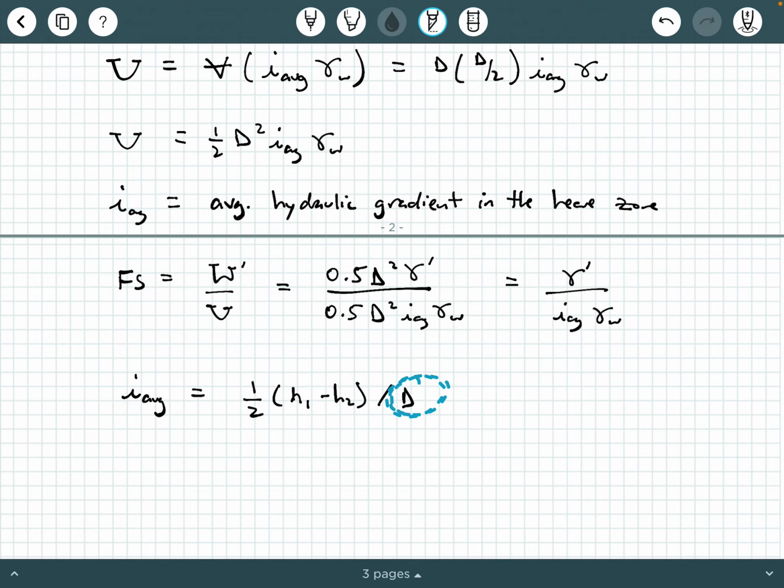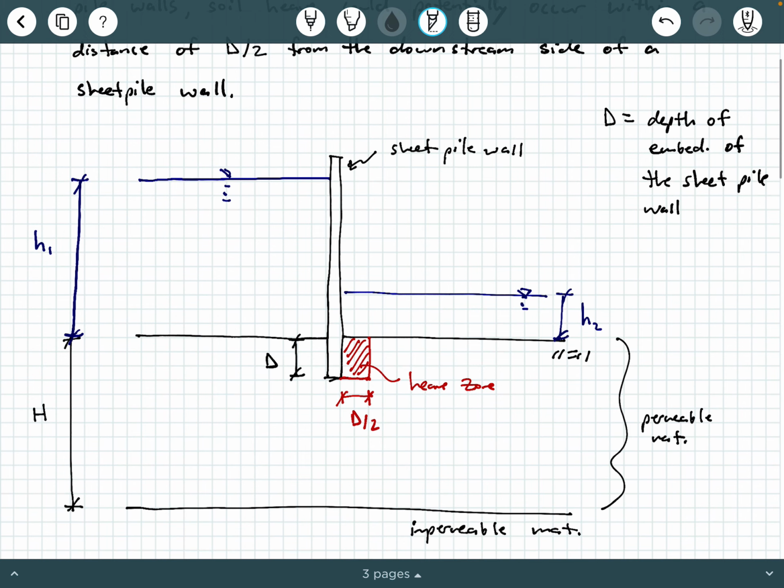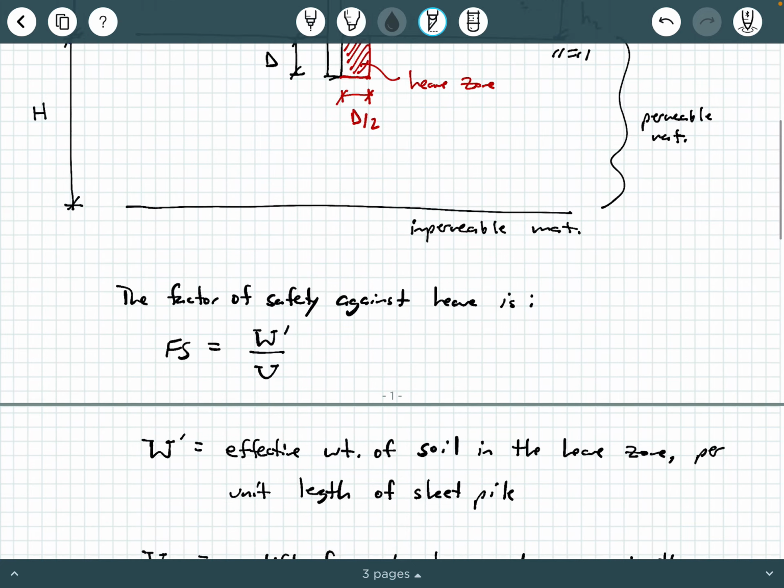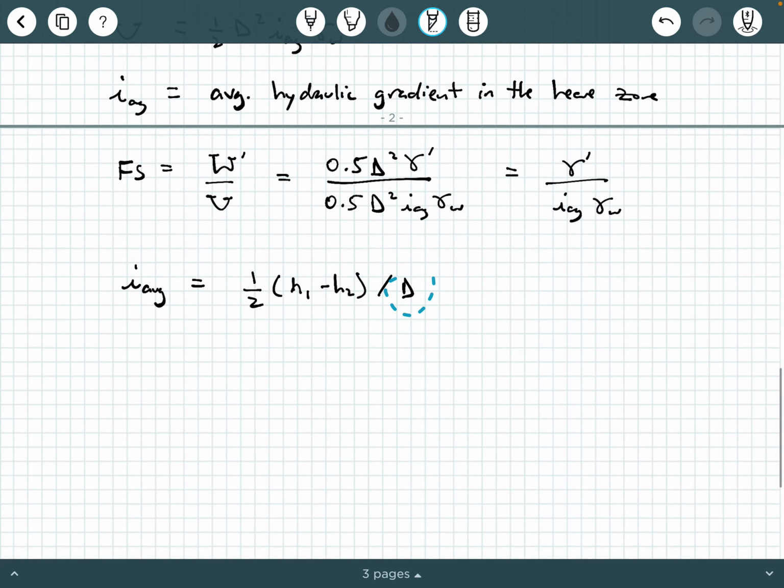So the flow length that we're considering is that depth D right here. And why is that? Well, again, we're flowing in this direction, right? So when you flow in that direction, the flow length that you're interested in for the heave zone is D. So that's why that D is in the denominator here for the average hydraulic gradient.